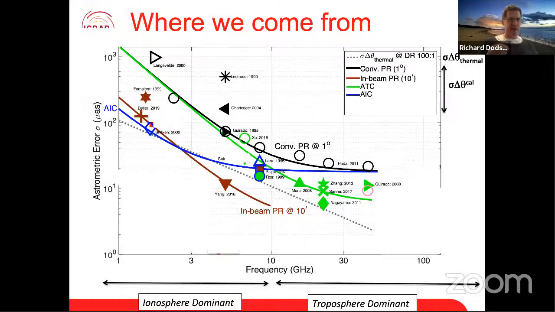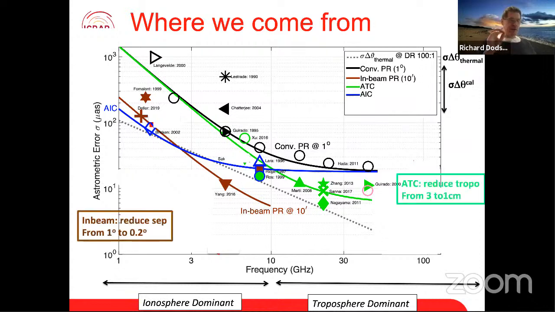Against that, we've plotted systematic calibration errors, which are the multicolored lines, black being the conventional phase referencing with a 1 degree separation, and green and blue are the advanced calibration methods, such as geoblocks or UVPAT to reduce the tropospheric errors from 3 centimeters to 1 centimeter, and the ionospheric corrections, which could be those dating back to the SX receivers or ionospheric blocks that have been developed recently, or Walter Brisken's method for his pulsars.